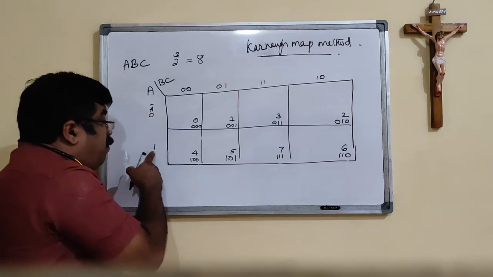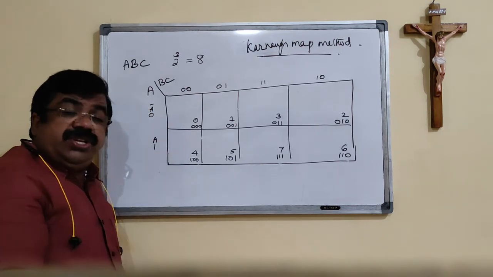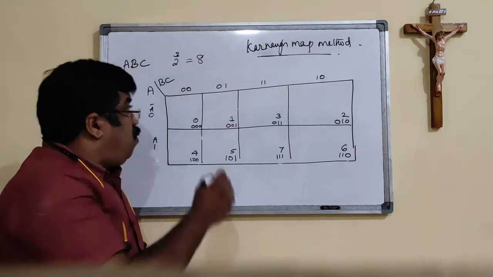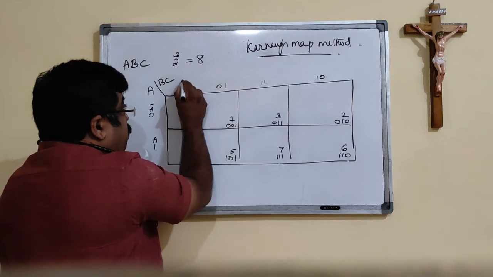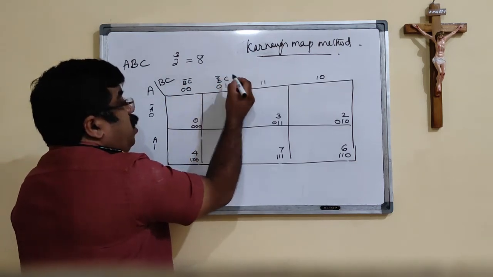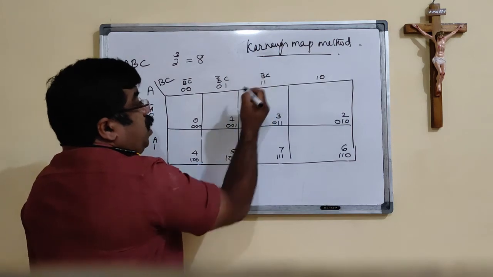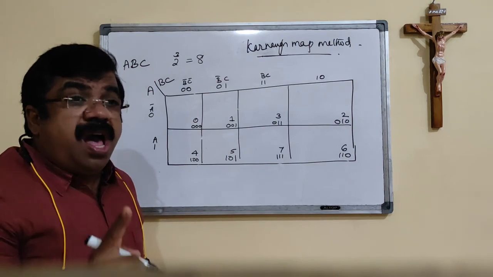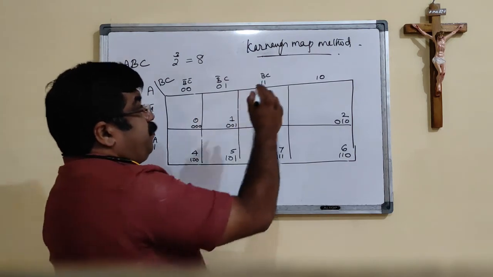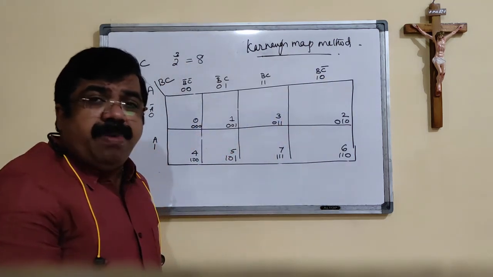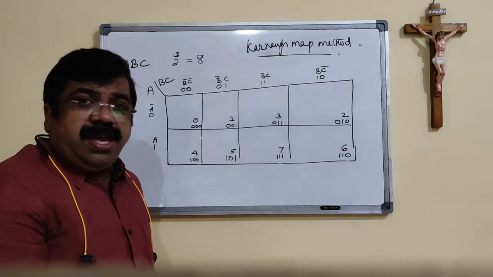Variables with a value 1 are written as they are. Since here they are having 0, 0, they will be written as B bar C bar. This is B bar C. This will be BC, because both of them are 1. Variables which are having 1 are written as they are. This is BC bar.